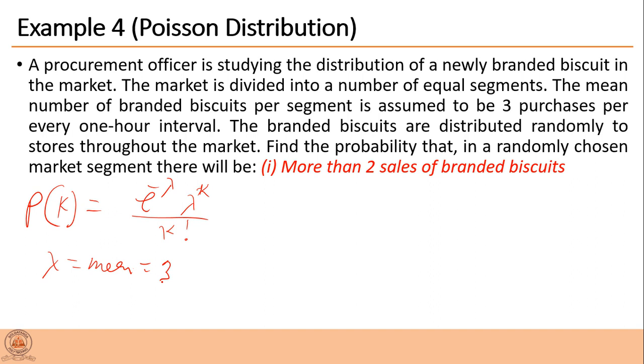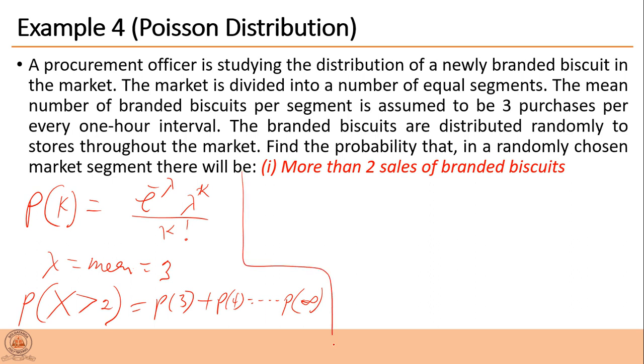So what is the probability that it is more than 2? We can take it as P of x greater than 2. We have so many biscuits in the market, you can't finish counting. So if we say greater than 2, it will mean we have to add 3 plus 4 plus 5 up to a number that we don't know. There are so many biscuits in the market, so we cannot count. But we know that if it is not greater than 2, then it must be less than or equal to 2.